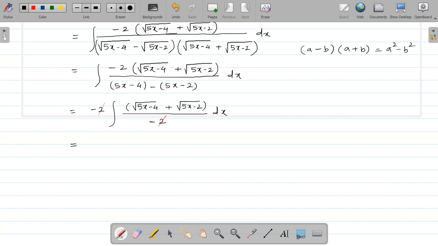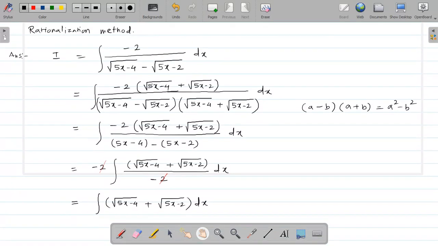So this is the rationalization method in which you get the simplification of the given denominator. Okay, so we have to evaluate the integration of root of 5x minus 4 plus root of 5x minus 2 dx. This is the importance of the rationalization method.